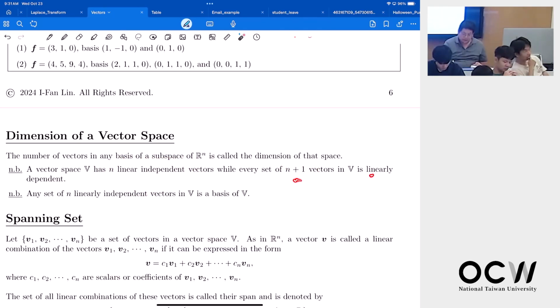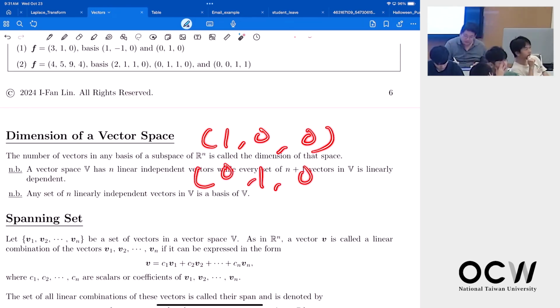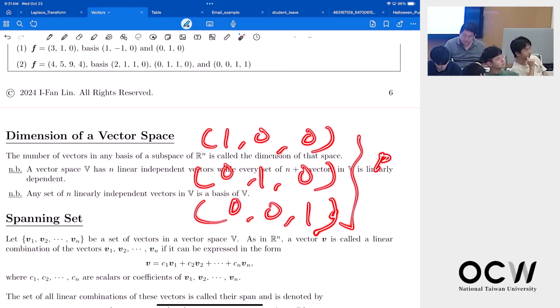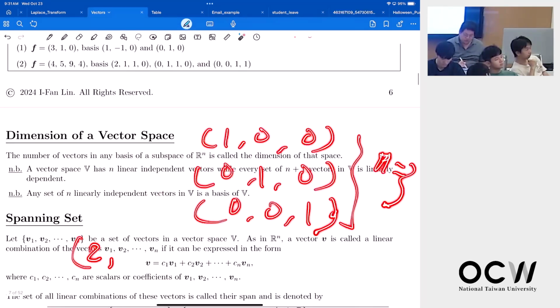dependent. For example, if I have 3 linearly independent vectors in R3, it'll be 1, 0, 0, that'll be the basic one. So n plus 1 vectors, so this is n, right? N equals 3. N plus 1 vectors, if I have the fourth vector, say 2, 3, 1.